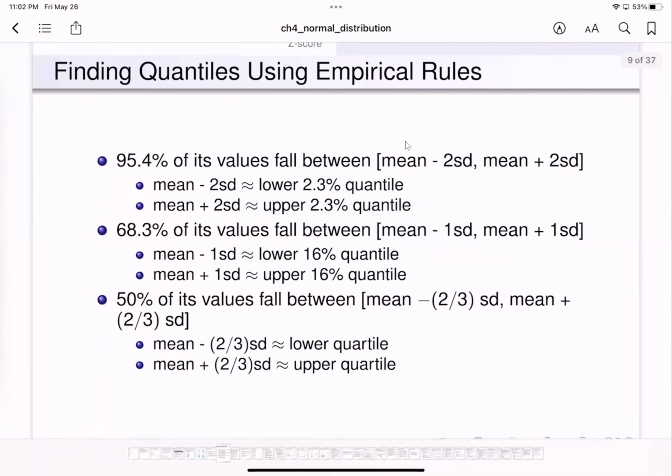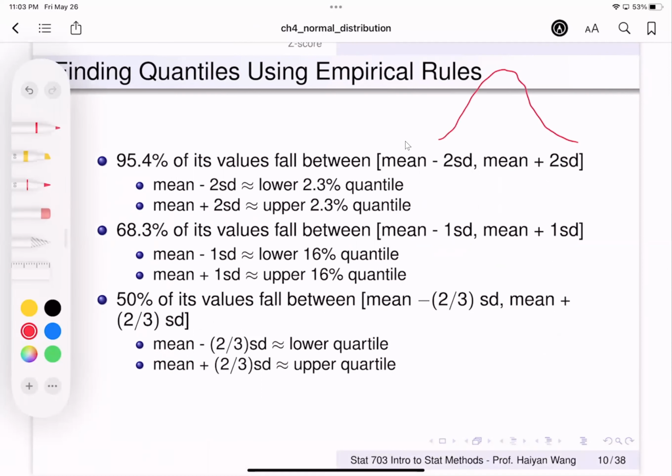So we already know that 95.4% of the values are within 2 standard deviations around the mean. In that case, if we think about the value of mean minus 2 standard deviations, in the middle we have, I'm drawing it again here, 95.4%. Because the probability density function is symmetric around the center, the left tail and the right tail probability are identical.